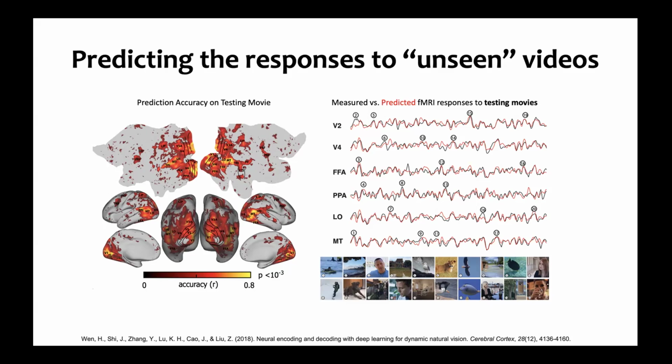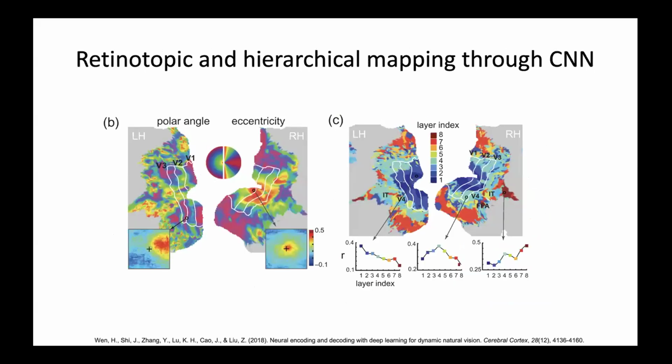This includes both the ventral and the dorsal stream, and that was another surprise, because the model is trained for object recognition, and it is not a good model for the dorsal stream to begin with. It captures many of the functional organizations, including the retinotopic organization and the mapping of the different levels of visual processing.